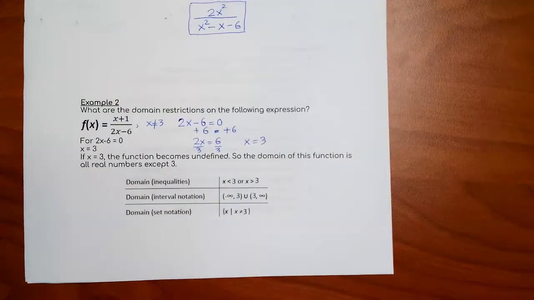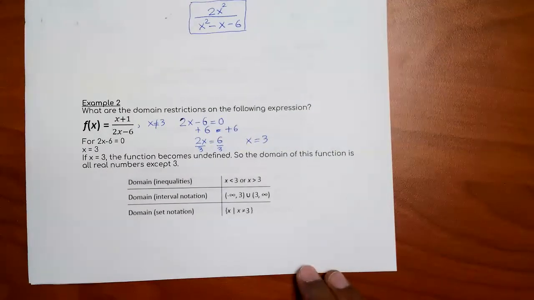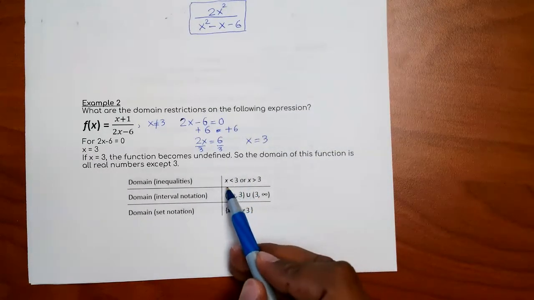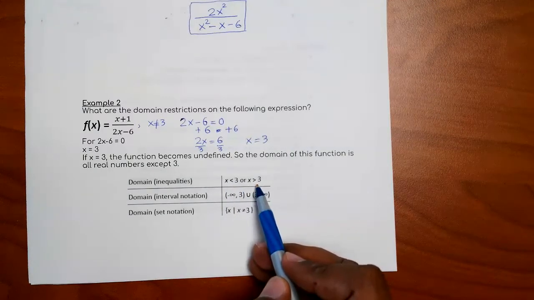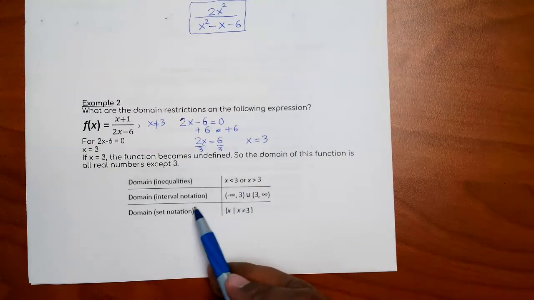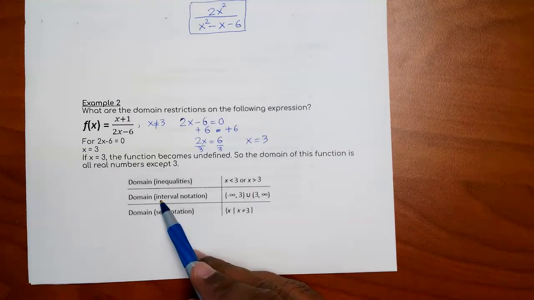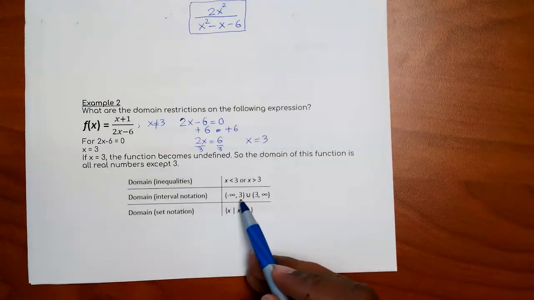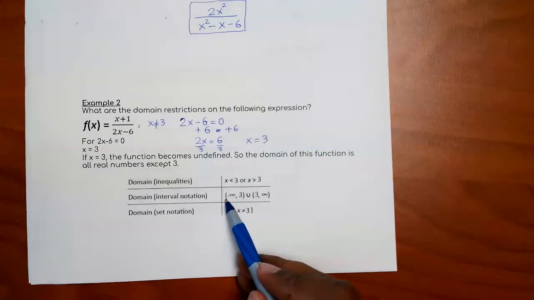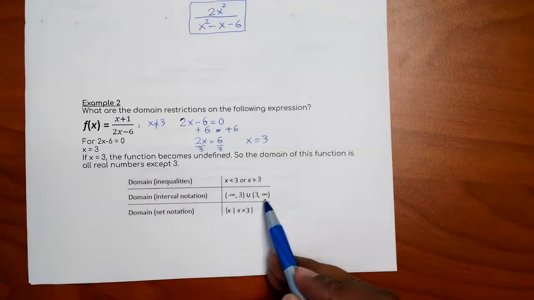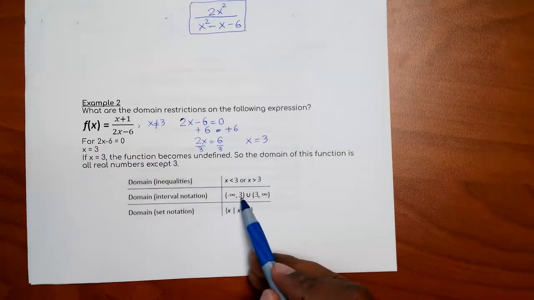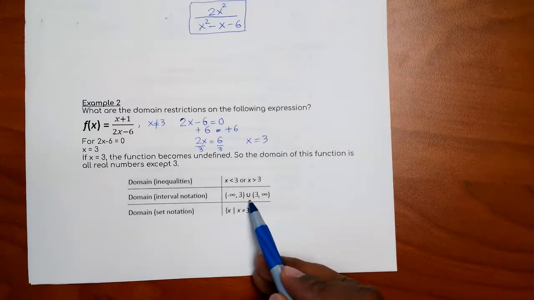Okay. Now, when there is such a case, you can define the domain in 3 different ways. Here in the first case, it says x is anything less than 3 or x is greater than 3, but x is not 3. Here it is called the interval notation. Your domain can be from negative infinity to 3 and from 3 to plus infinity, but 3 is not part of your domain.